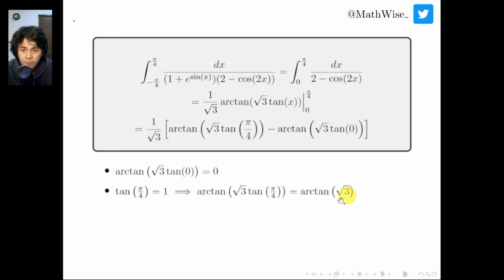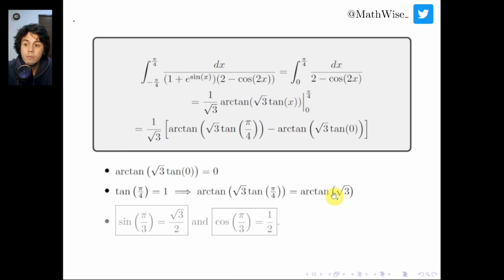And this is also easy to compute because we know that sine 60 degrees is equal to square root of 3 over 2 and cosine 60 degrees is half. So this division is just square root of 3, right? So the tangent inverse of square root of 3 is just pi over 3.